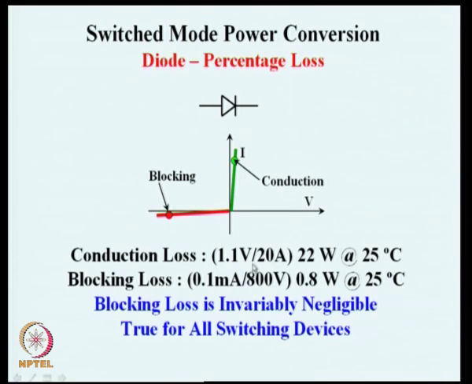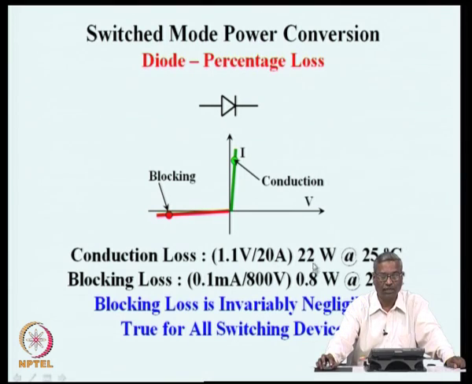It is controlling a power of 16,000 watts, but the loss inside the switch is just about 22 watts in conduction. But in blocking, that loss is even less. It is about 20 times less than what we had seen before. If the conduction loss was 1/10 of 1%, this is again 1/20th of that.